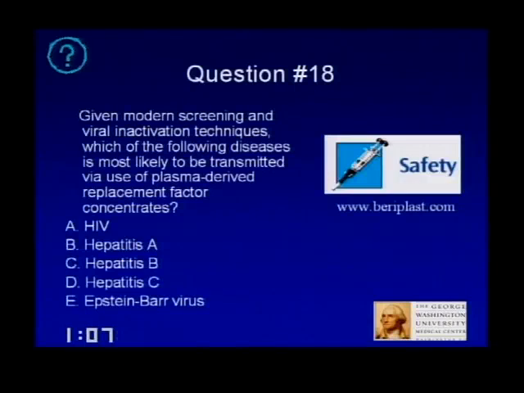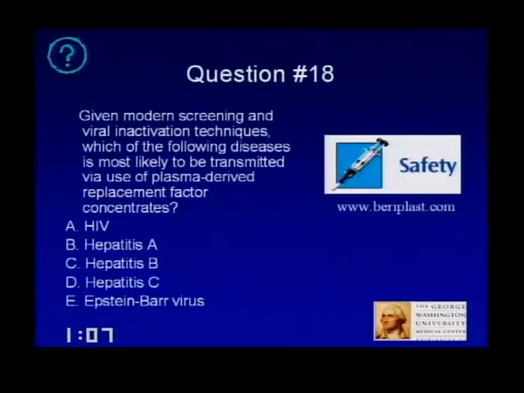Given modern screening techniques and viral inactivation techniques, which of the following diseases is most likely to be transmitted via the use of plasma-derived replacement factor concentrates? So basically for hemophilia, there are two types of replacement factors, those that are derived from pooled plasma sources and those that are a genetic recombinant product.